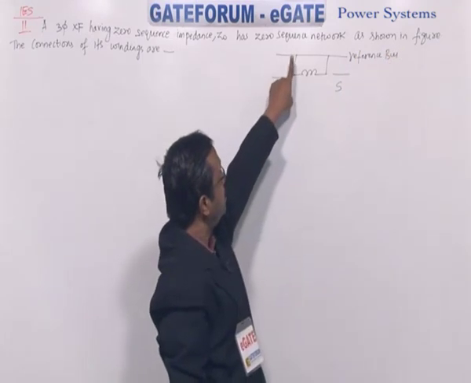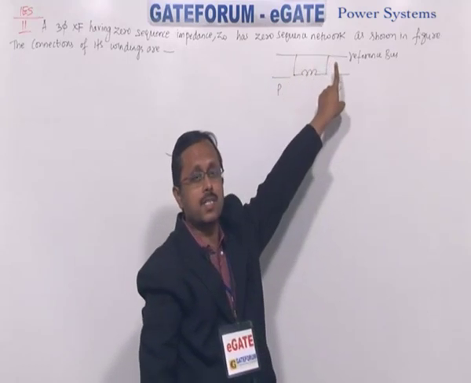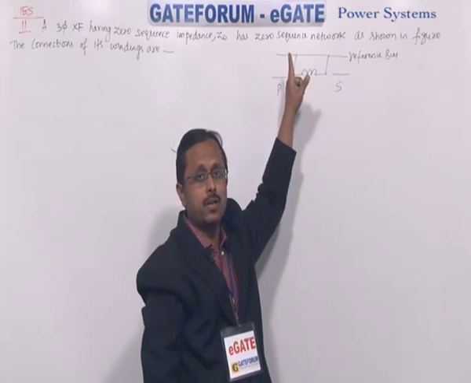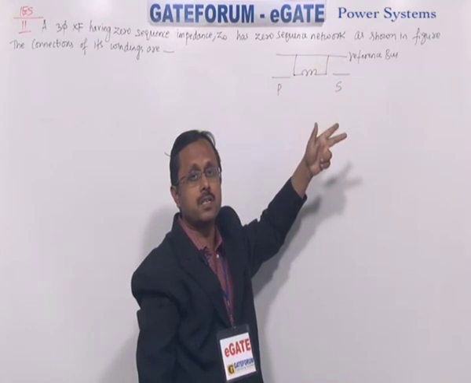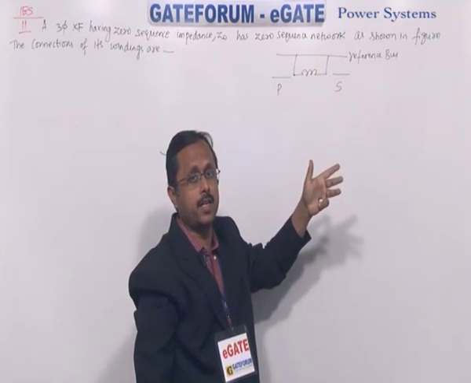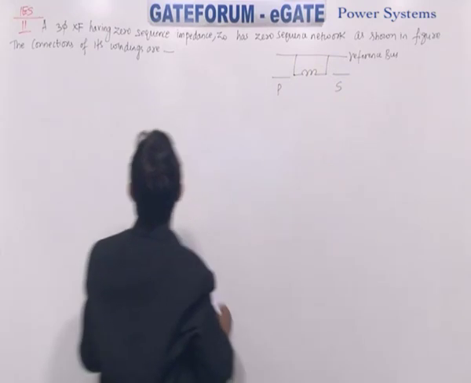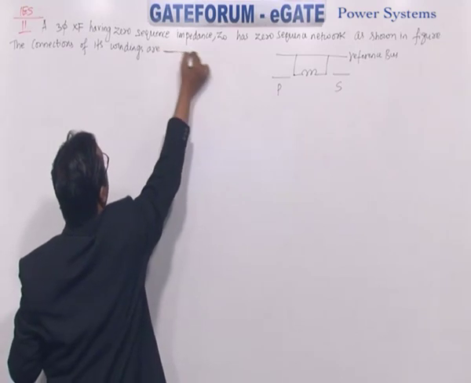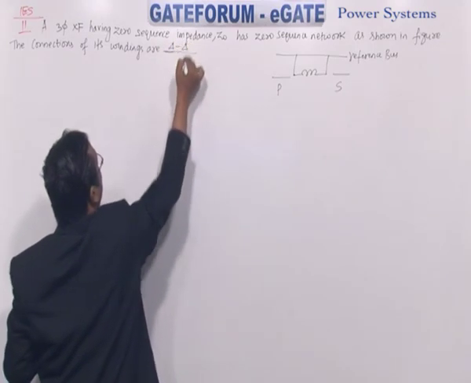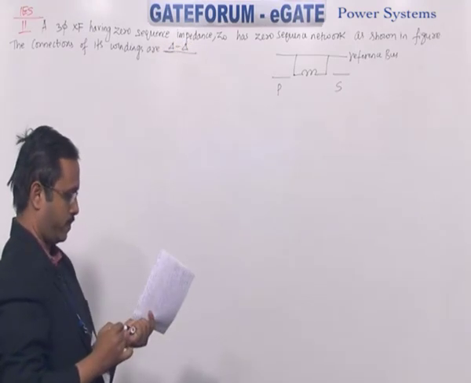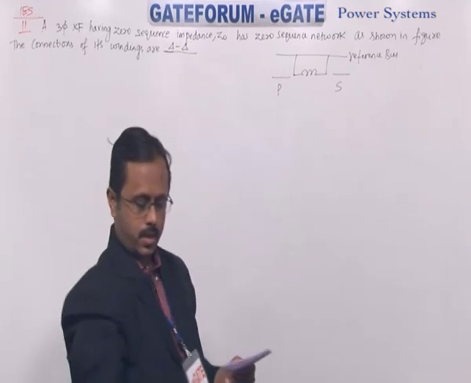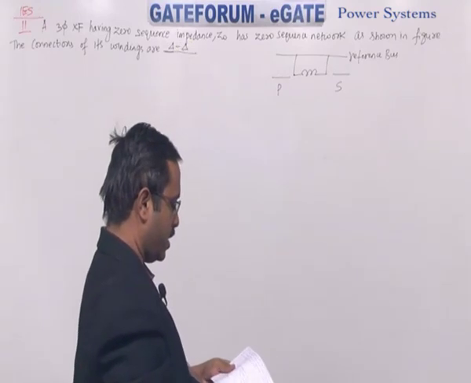So here you check, shunt switches are closed on either side. When you close the shunt switch, the winding is connected in delta. So how are the connections of the windings? Delta and delta.